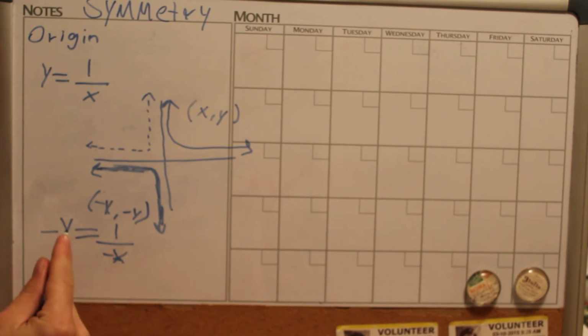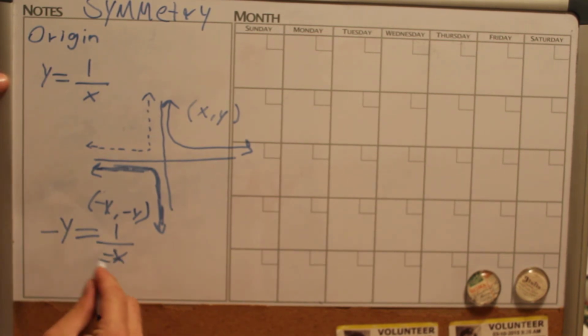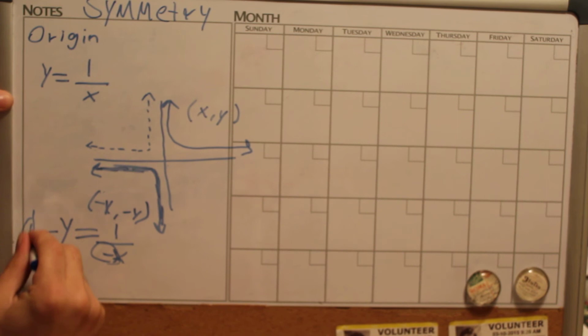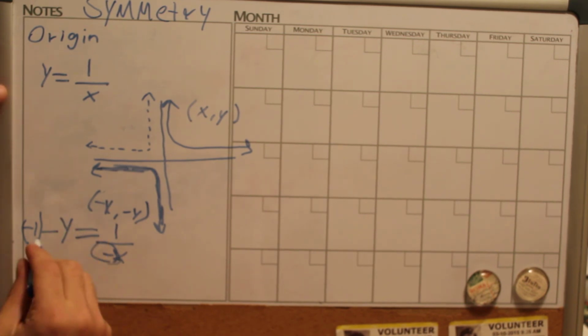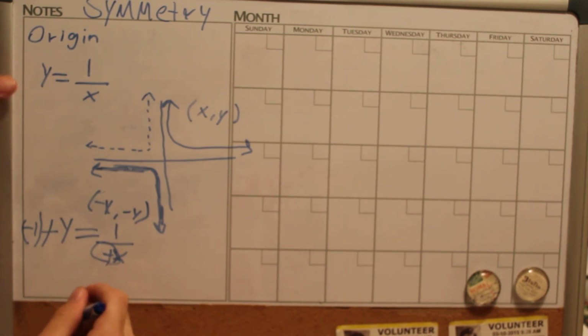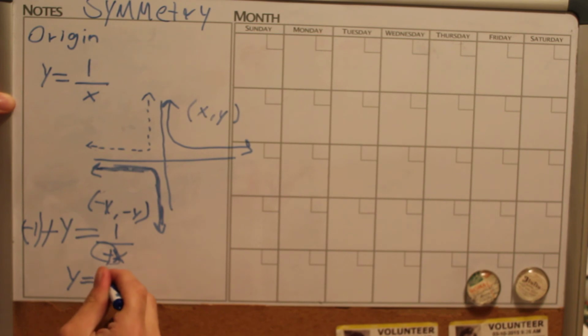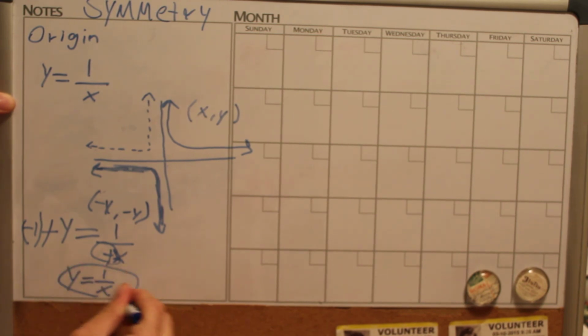Can't multiply by x or y. But there is a negative sign right there, so what we do is multiply by negative 1. Excuse me, that does not look like a negative 1. Negative 1. And it'll take away the negative signs. So we're left with y equals 1 over x. And that's what the origin of symmetry looks like.